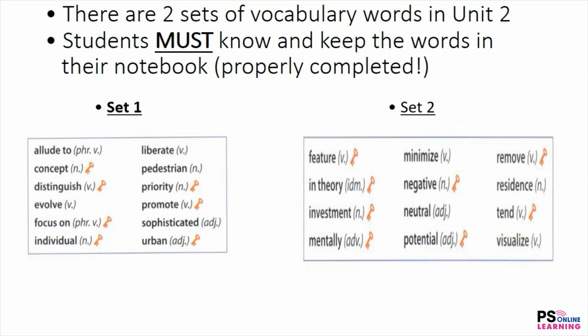So we can go over this. Okay, we'll quickly go over it. Allude to is a phrasal verb. Okay, allude to means almost like giving a hint without saying what you mean directly.